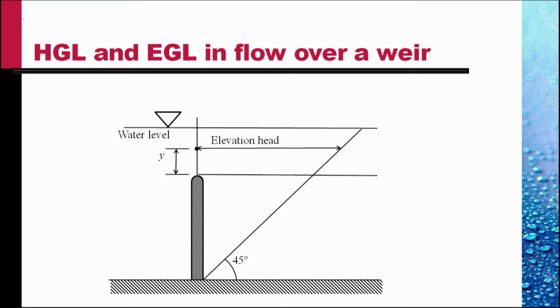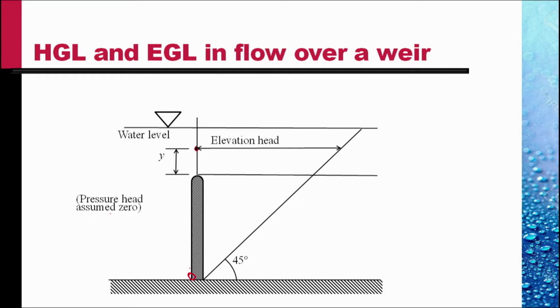At any height y above the crest of the weir, the arrow here shows the elevation head. Since this line is at 45 degrees, this horizontal line marked elevation head is exactly equal to the height of this point above the base.